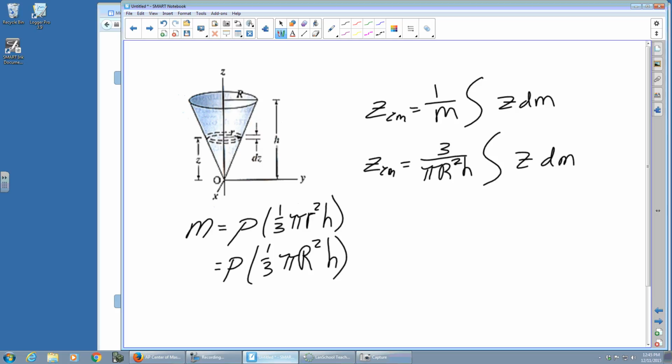But now we need to get dm in terms of z, because we're looking at where on the z-axis it is. We don't want to get rid of the z, but we want to get rid of the dm.